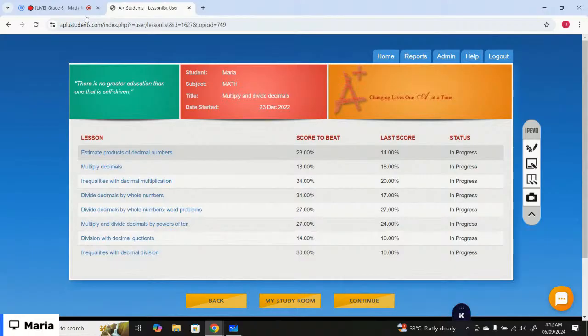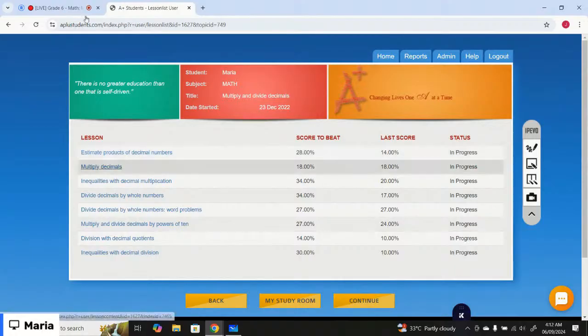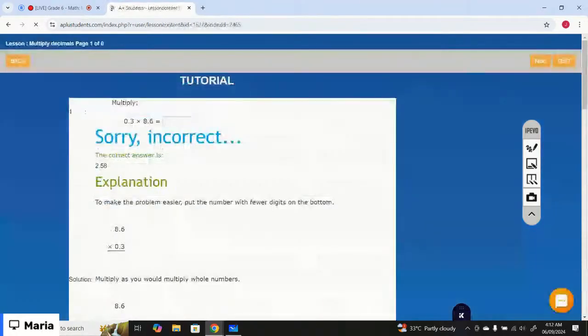Let's just start with the next lesson, right? Okay, let's just see how do we multiply the decimals. The first example is 0.3 times 8.6.